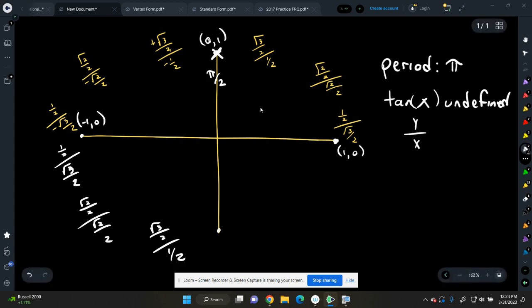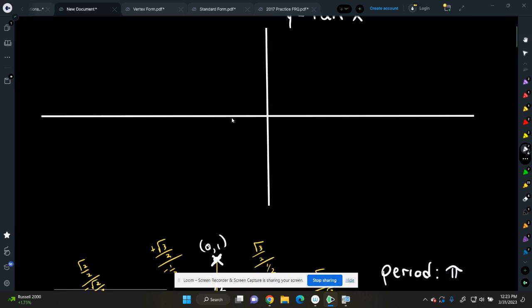And then down here I have 0, negative 1. That's going to give me another undefined. So 3 pi over 2. Okay? So we've got an undefined at pi over 2 and at 3 pi over 2. Okay. Let's go up to our graph. Okay, I'm going to graph 0 to 2 pi.